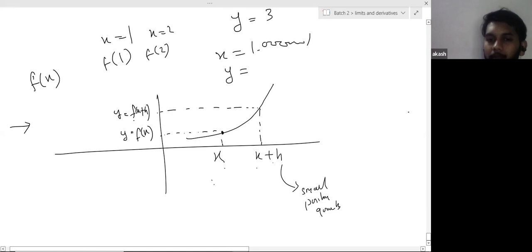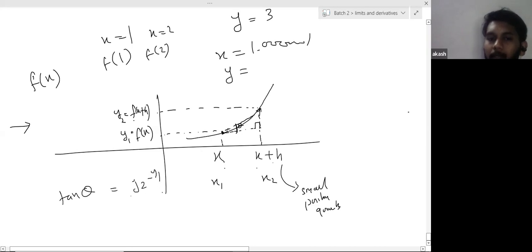Let's call it this x1, this is x2, this is y1, this is y2. Now if this is a right angle triangle, then tan theta is the slope of a line. How to find slope?